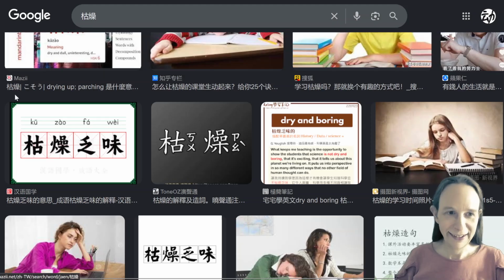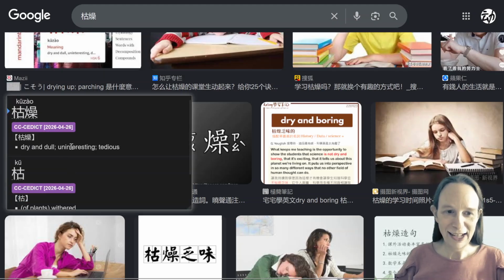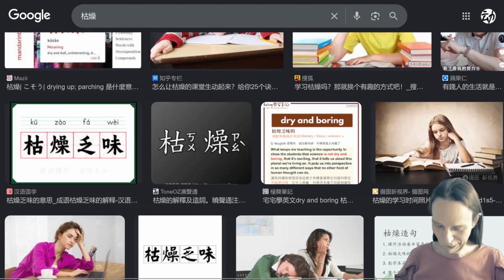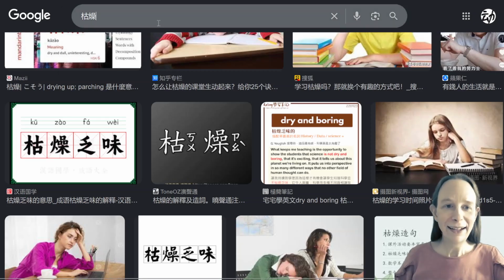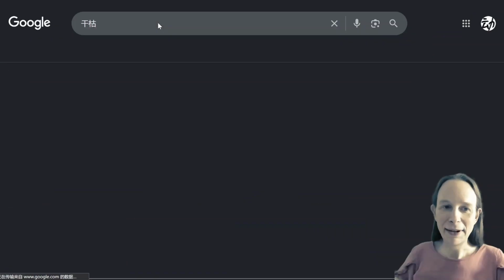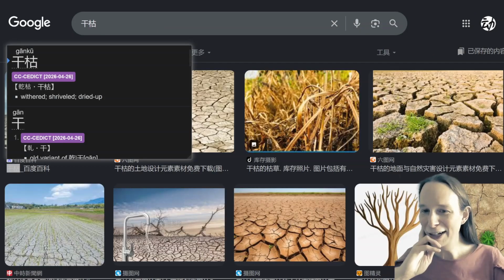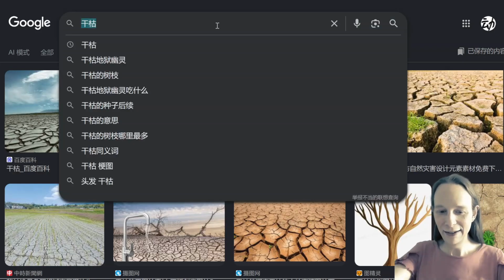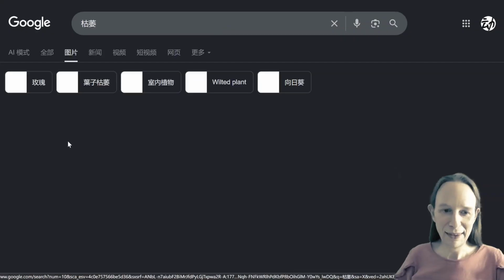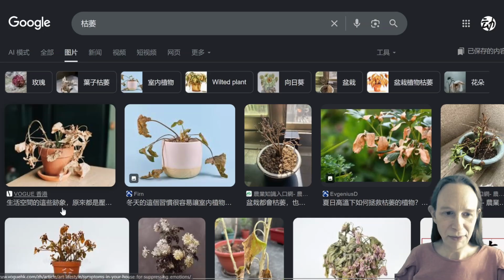Dry and boring. Dry and dull, uninteresting, tedious. That kind of didn't help, did it? 干枯, this one. 干枯的枯. Yeah, this is better. Withered, dry, shriveled up. So 枯萎. I believe it's specific for plants, right?